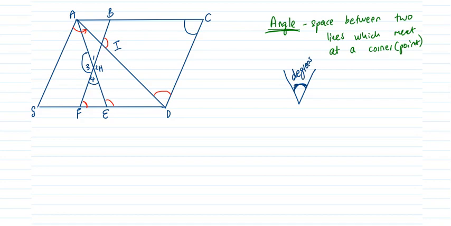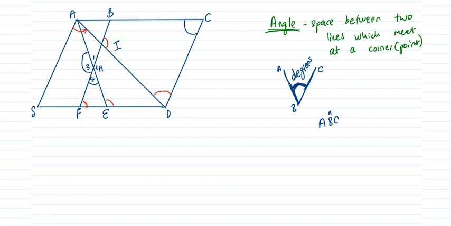Now, describing that angle means that you have to look at the lines that are forming the angle. So this V here will give you the lines so that you can describe or name this angle. If you name this angle it will be A, B, C. It will be angle ABC there.